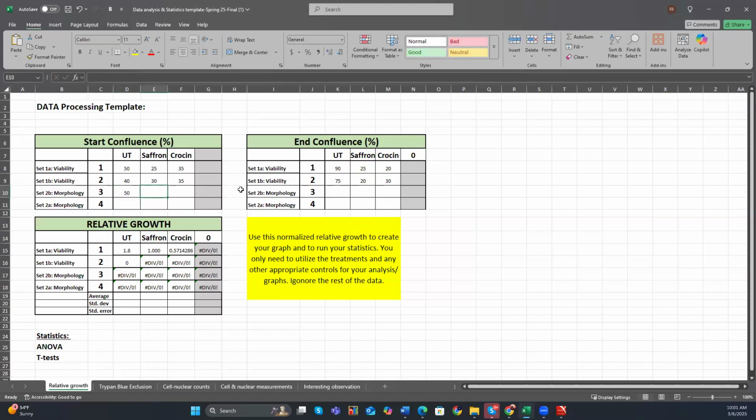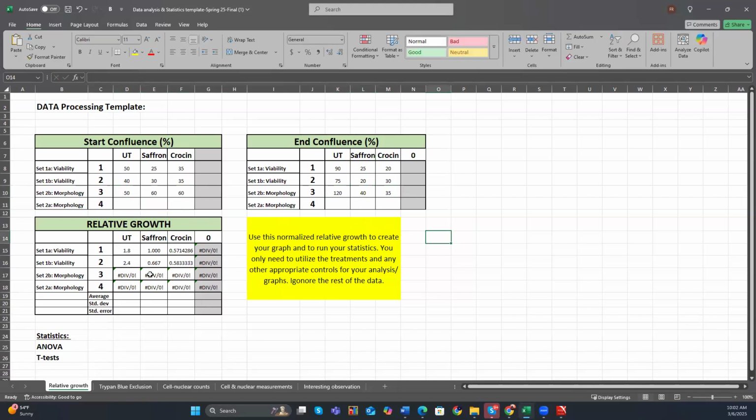In my case, I'm going to say 6. I will put that in, okay? So that's how it's going to look.